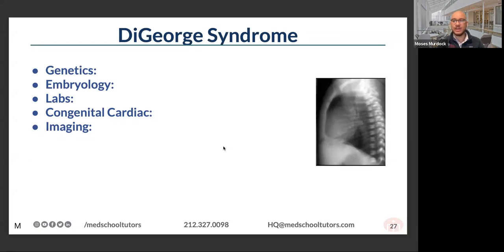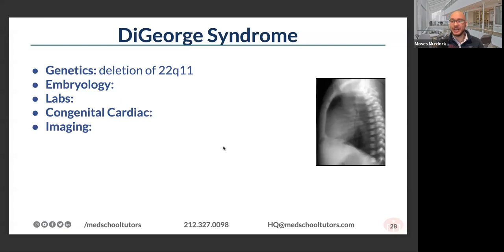What abnormality will we see? So deletion of 22q11. Deletion of 22q11 and obviously the associated genes on there is what you're likely to be tested on.